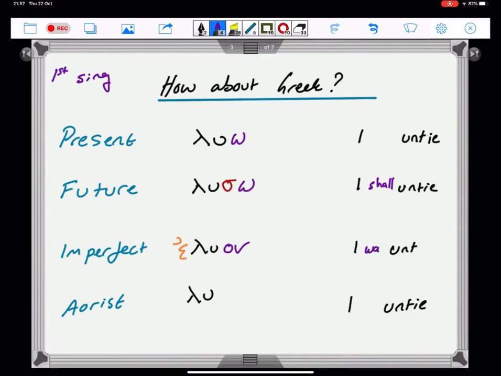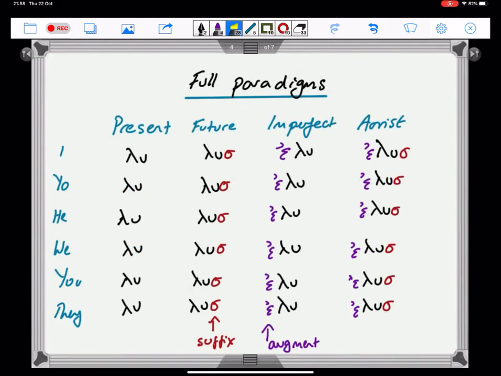I was untying. For the aorist, you add that augment onto the front and the sigma into the ending, and then you add another set of personal endings. Greek tenses are marked by various additions: sigmas in the future and the aorist, and an augment in any past tense. How does this work as a whole?